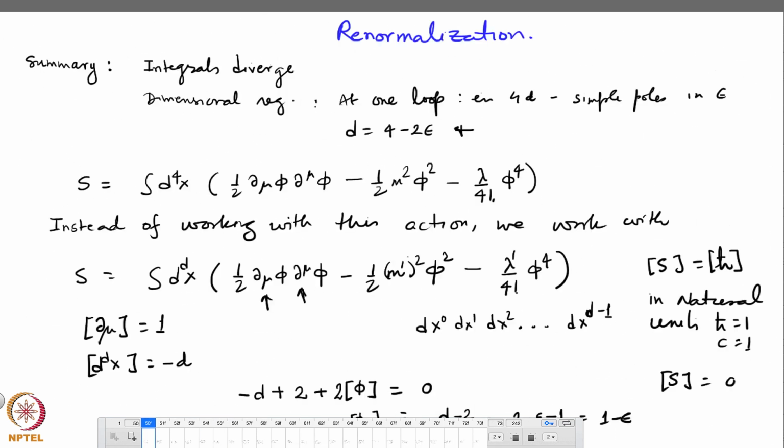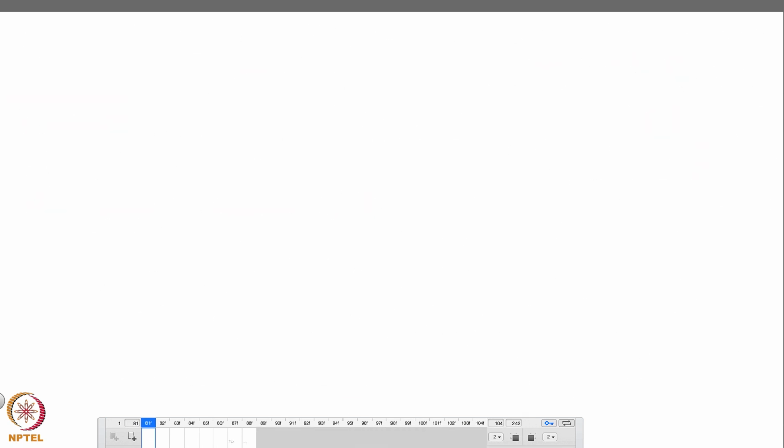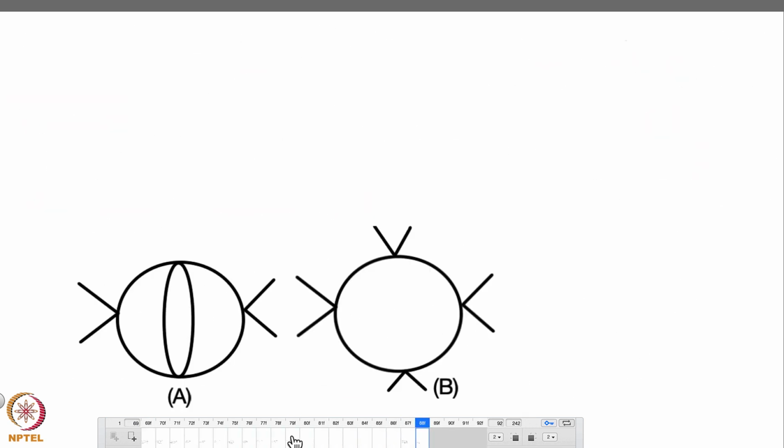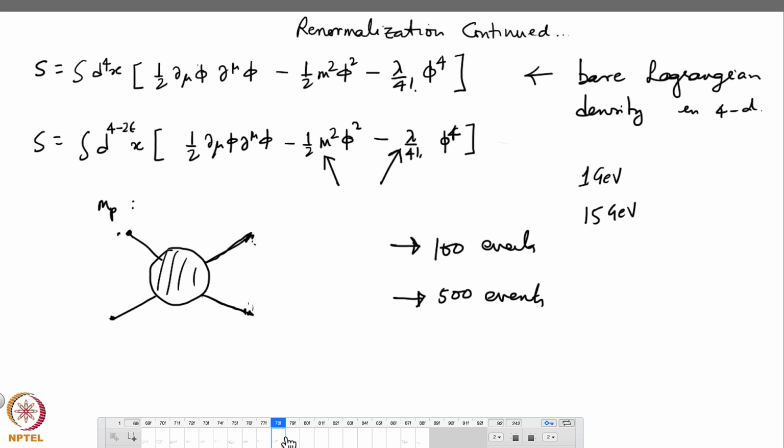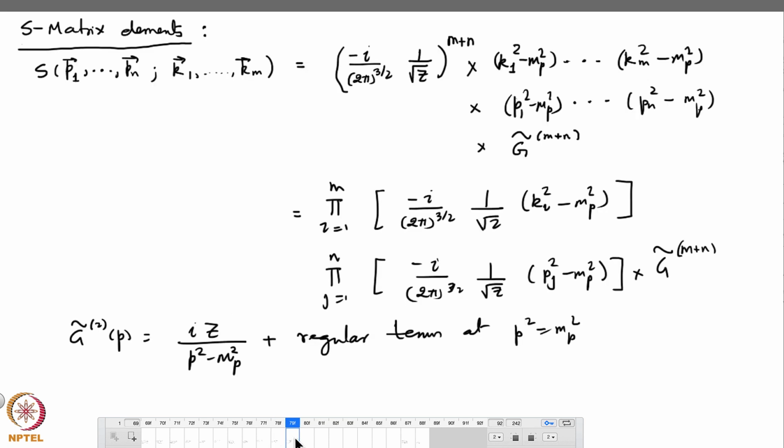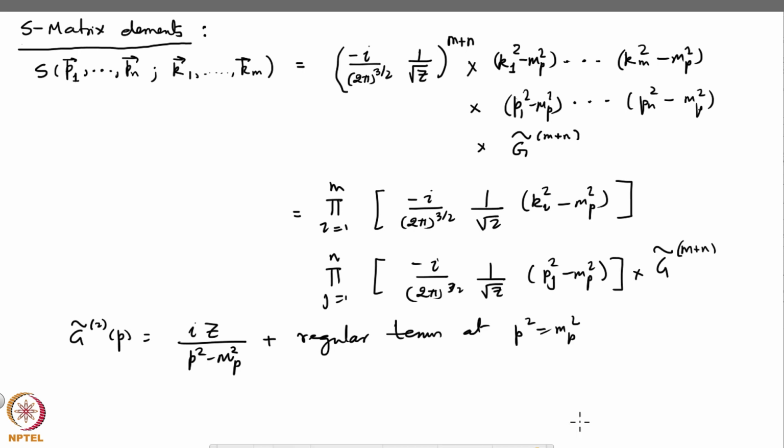Anyway, you can go back and see this expression. That's the structure we already know: G tilde 2, the 2-point function, has a pole at the physical mass. That is what this denominator is telling you, and the residue is i times Z, and then you have other regular terms at p square equal to mp square.